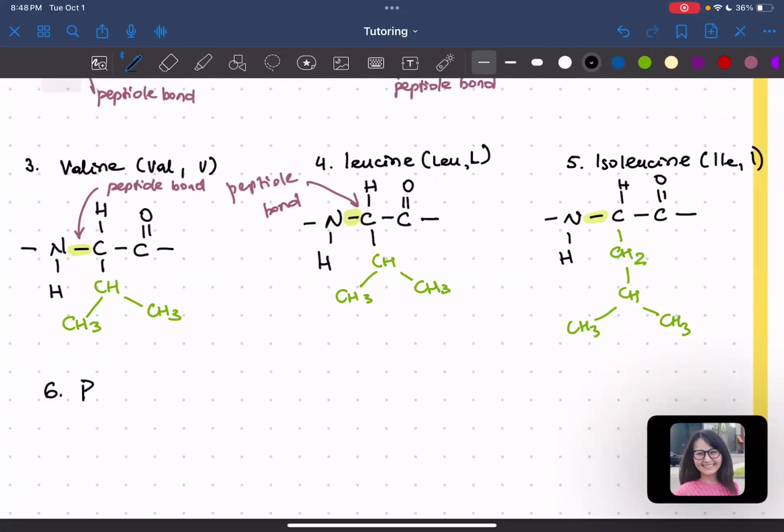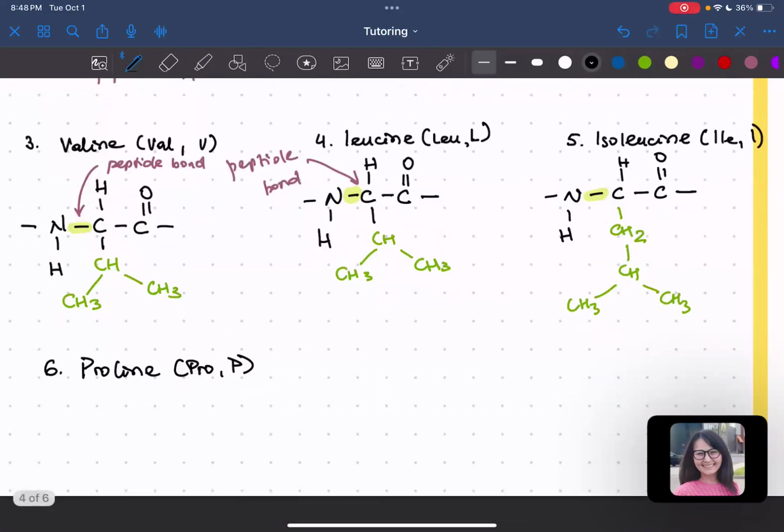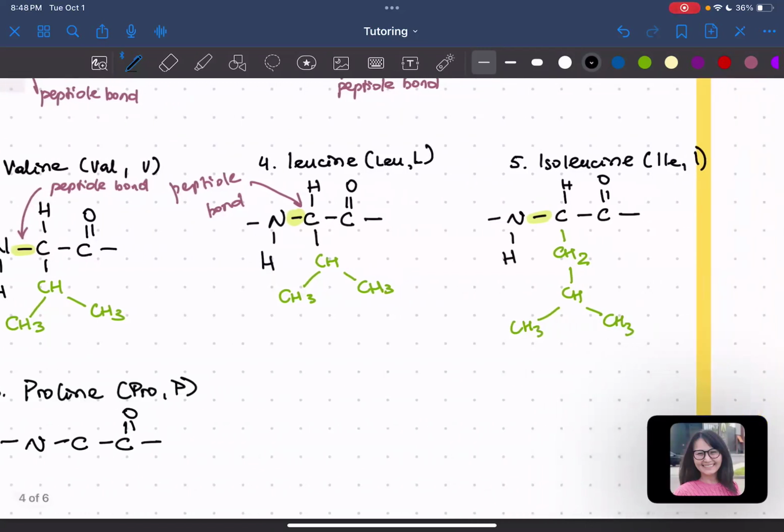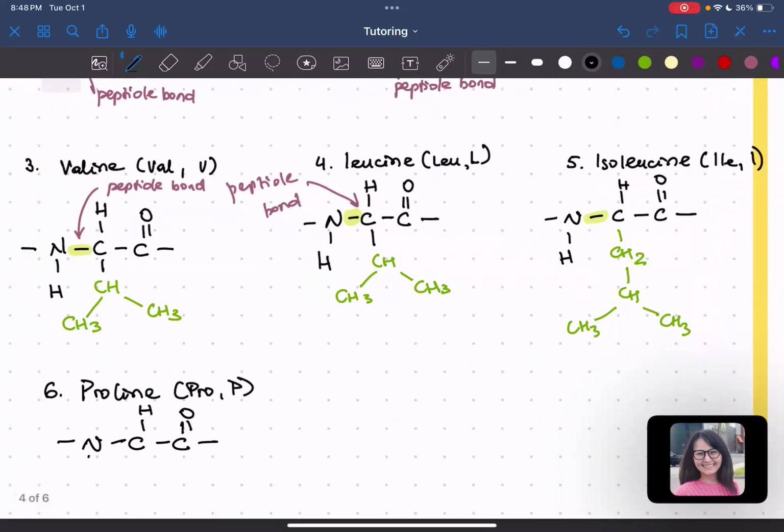Okay, now number 6. It's proline. And proline is quite a common amino acid in textbooks and exams, so I highly recommend you look closely into it. Proline doesn't have the second hydrogen that it always would.